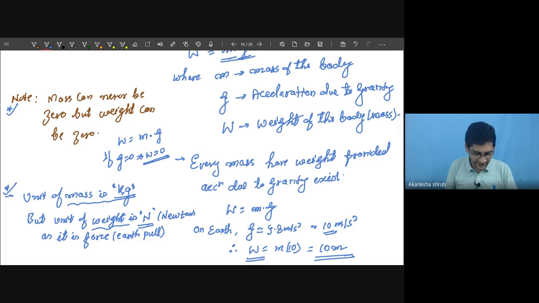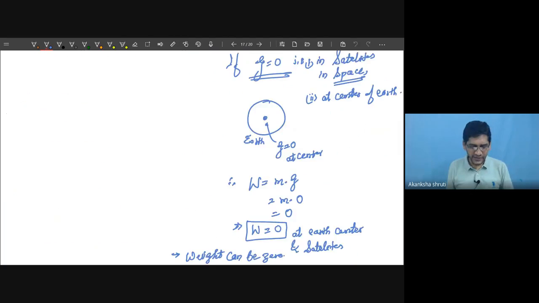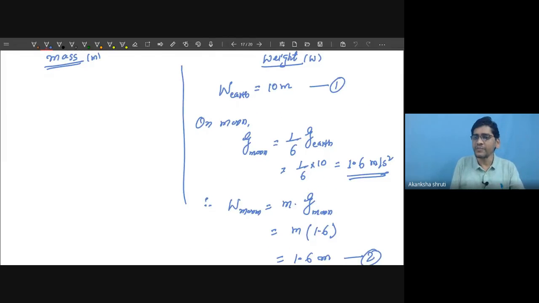The other thing we had already written: mass is a scalar quantity, but weight is a vector quantity. Students, we had learned the term called inertia. Inertia is how much is the tendency of a body to maintain its state. If it is at rest, it will try to maintain its rest. If it is in motion, it will try to remain in motion. Students, you have observed it is easy to push a ball at rest.